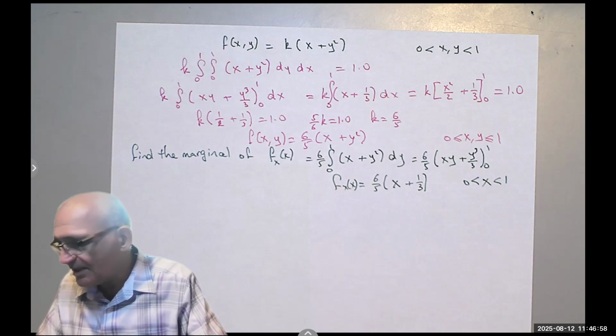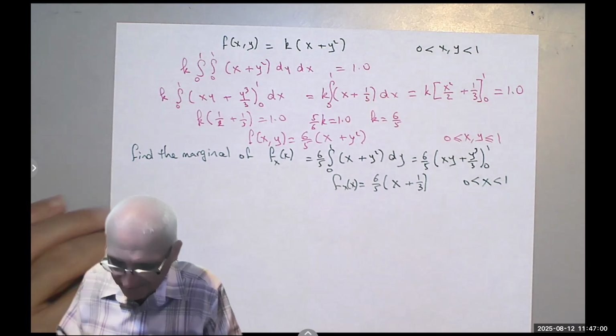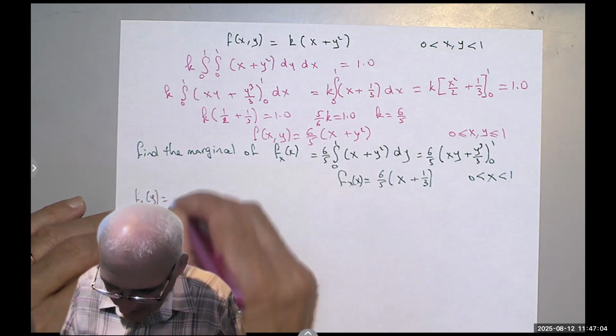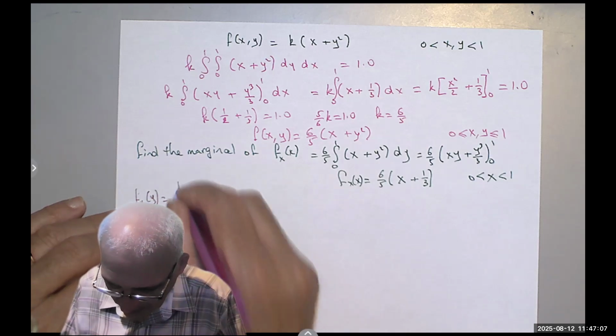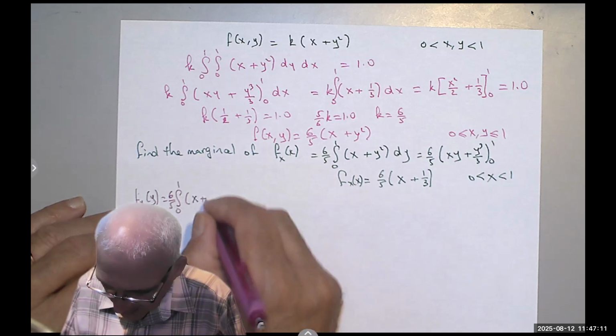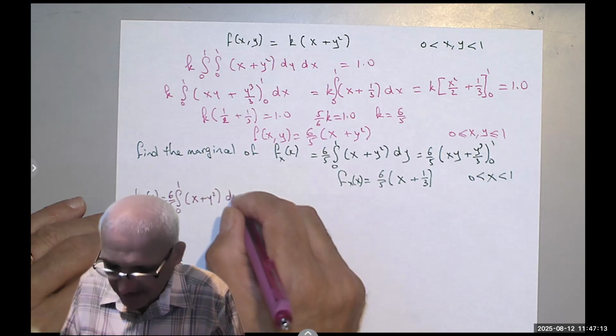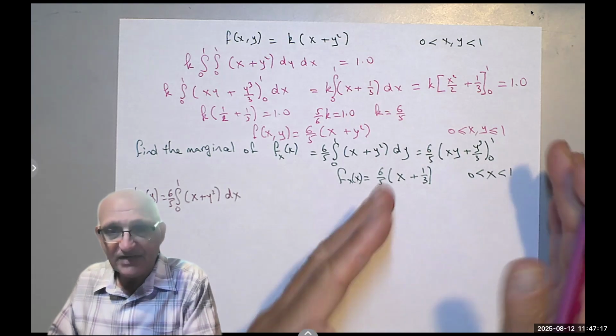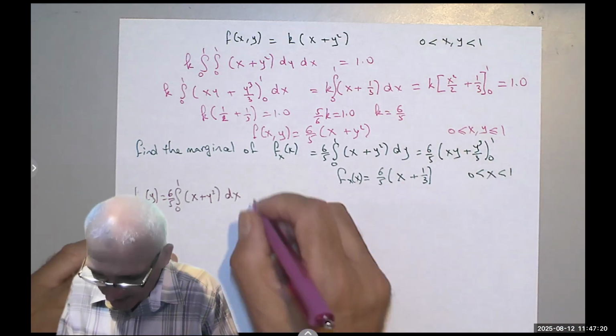Likewise, if I want to find the marginal of y, f_Y(y), I would integrate from 0 to 1, 6/5 of (x plus y squared) dx. So you integrate with respect to x, and this is valid for y between 0 and 1.